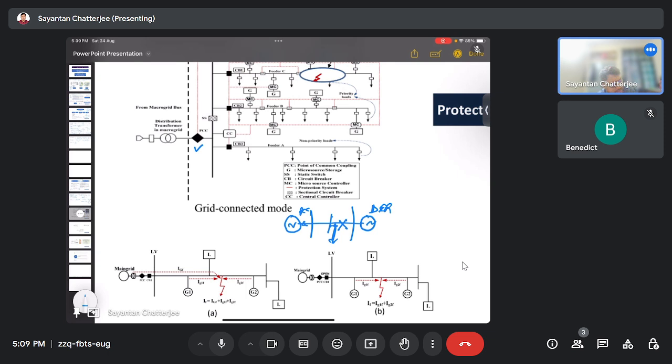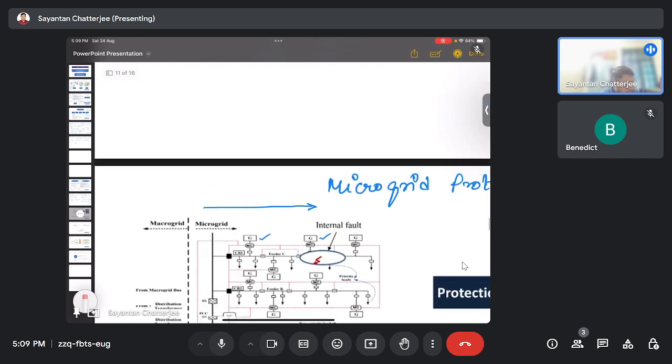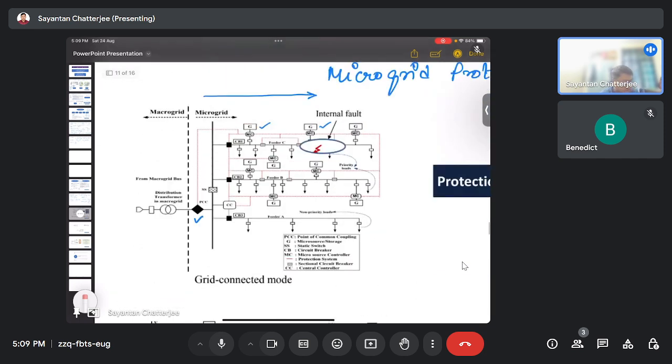Both the DERs and DGs feed the fault, so there are two directions. But where multiple DGs are placed here and there, the direction of fault current becomes very hard to detect, and so does the magnitude.